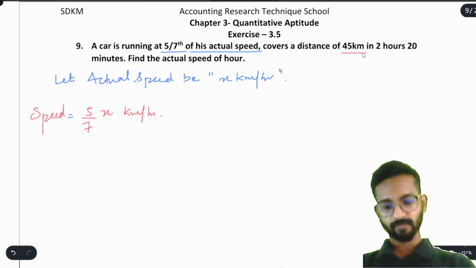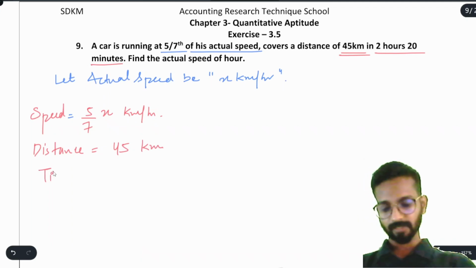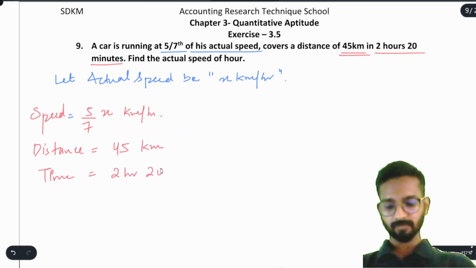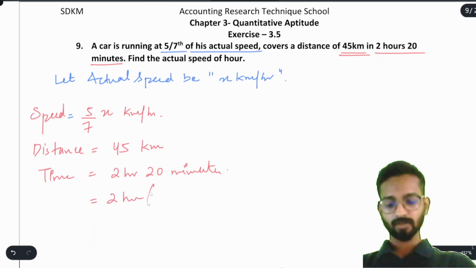It covers a distance of 45 kilometers. So distance here is 45 kilometers in 2 hours 20 minutes. So I can say time taken is 2 hours 20 minutes. If I want to convert this into exact hours, I can say 20 minutes can be written as 20/60 hours.